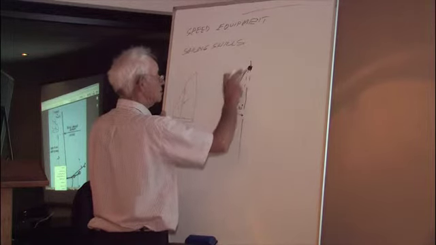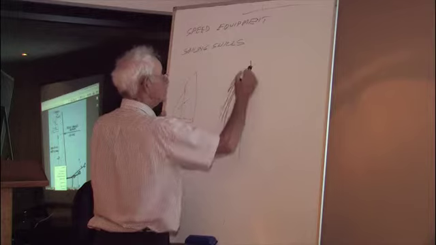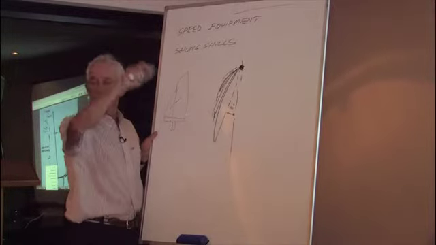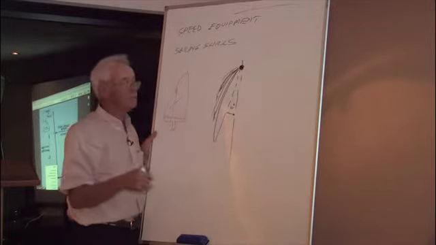So it's going to twist like this as you go up. Can you see that? Because the airspeed's getting higher, and it's got to twist around the mainsail properly.